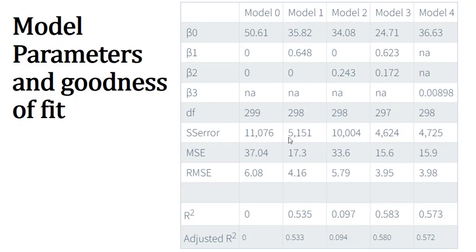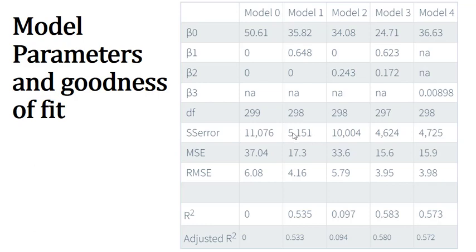So basically model 1 explains 11,076 minus 5,151 of the variance. So if you calculate 11,076 minus 5,151, that's 5,925.